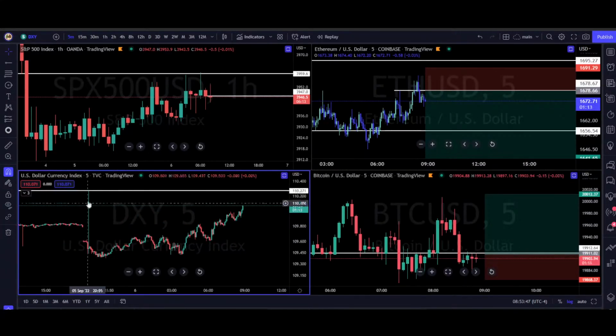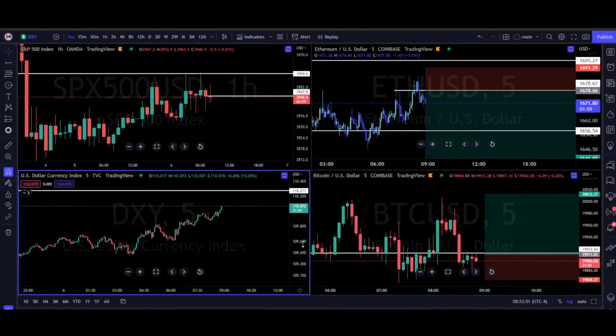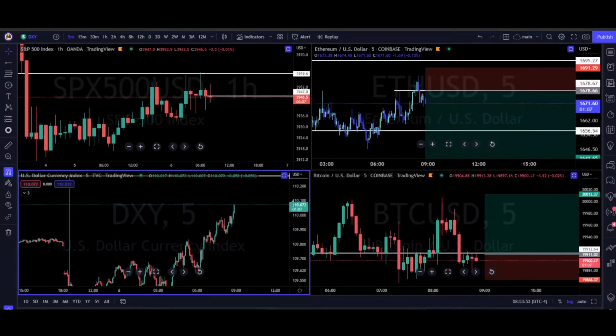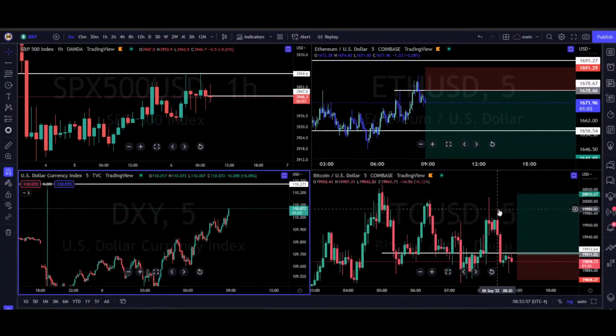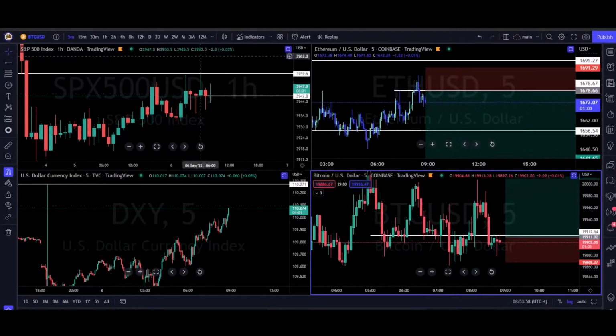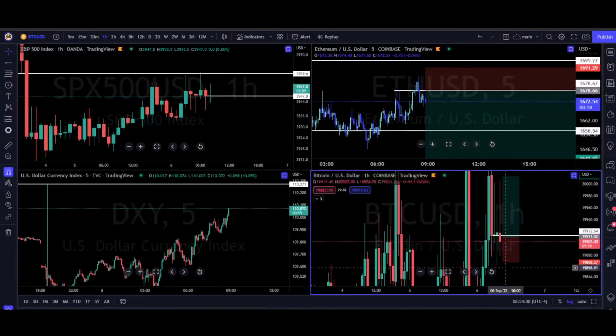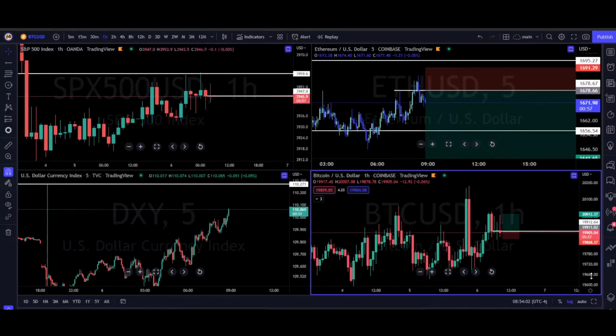That scam wick might not be real. That might not be an actual print of price. So could you short Bitcoin here? Yeah, and you would be targeting... your risk would be big though.